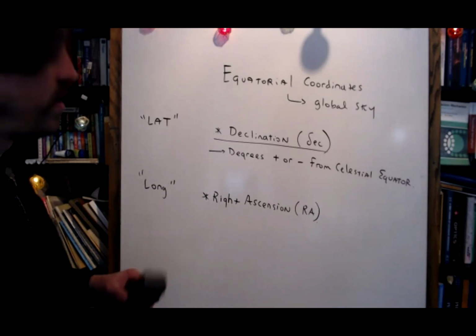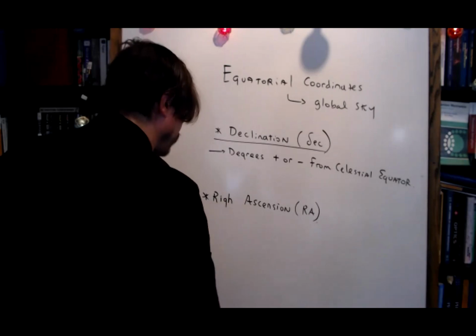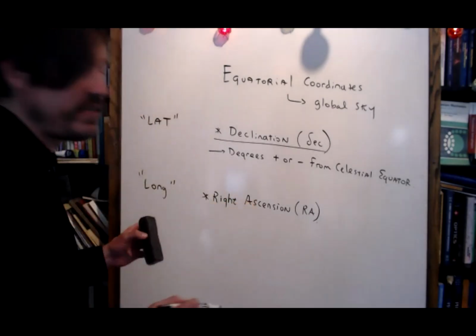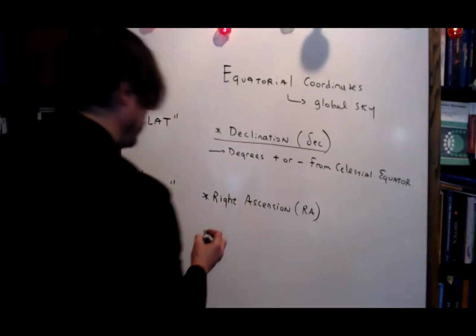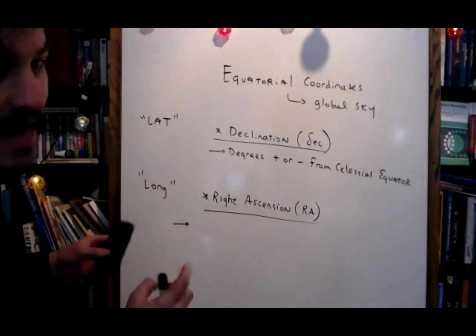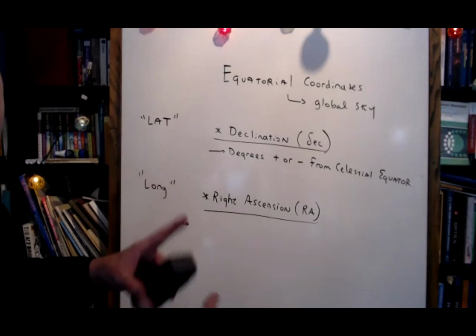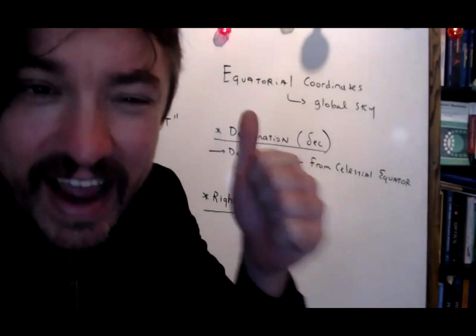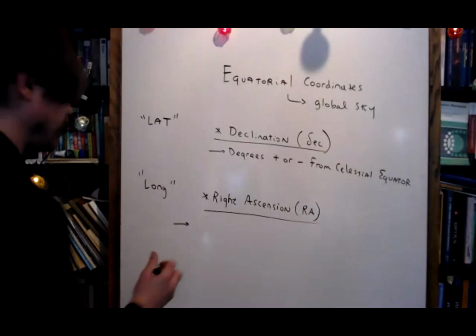Okay. Right ascension has a really weird definition. I'm going to give it to you, then I'm going to try to explain it to you, all right? So right ascension is defined not in degrees east or west. We're going to measure right ascension in hours. That's going to sound kind of confusing.